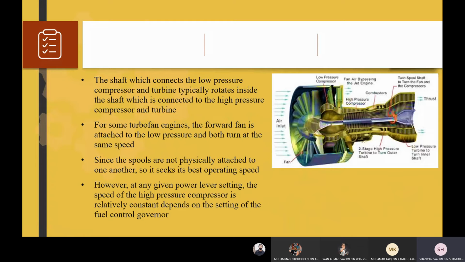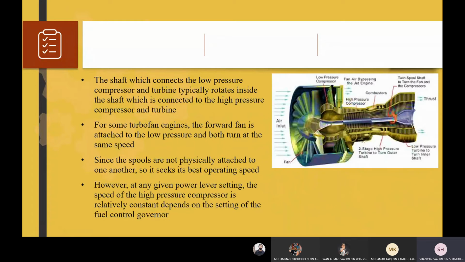The shaft which connects the low pressure compressor and turbine typically rotates inside the shaft which is connected to the high pressure compressor and turbine. For some turbofan engines, the forward fan is attached to the low pressure compressor and both turn at the same speed.